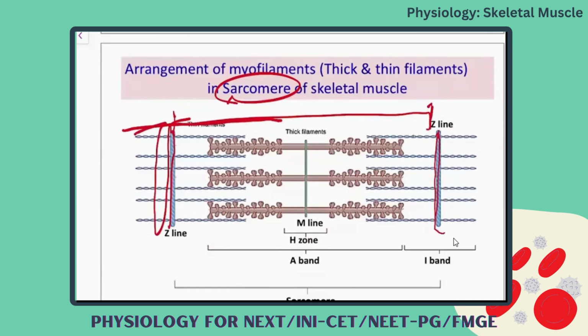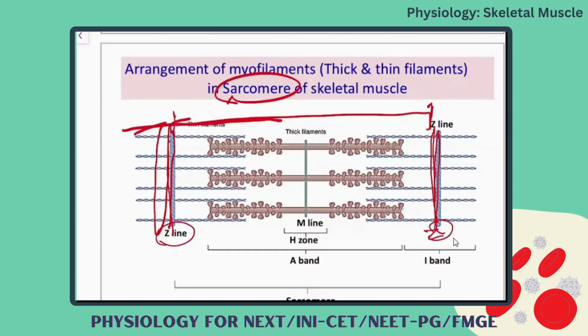The line which divides one sarcomere from another sarcomere is termed the Z line. So the space between two Z lines is called the sarcomere. Inside, in between the Z lines, you have thick filaments and thin filaments.